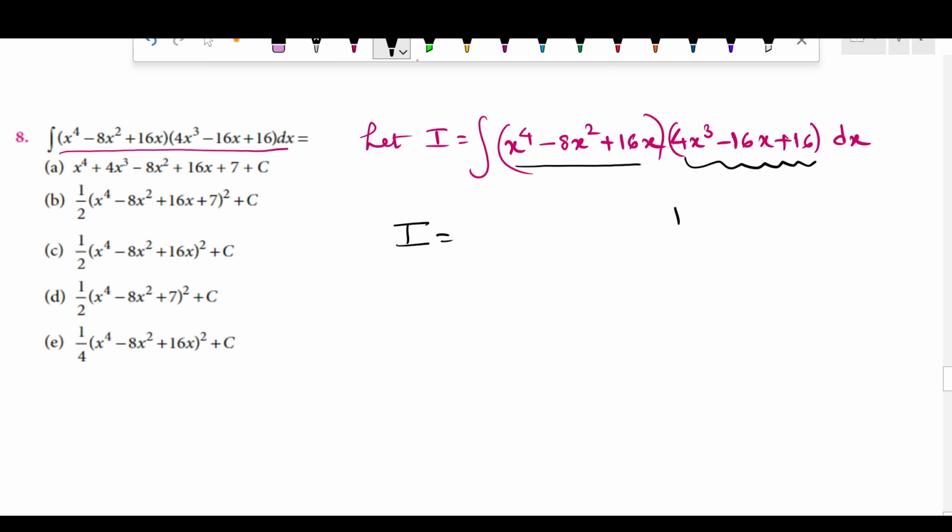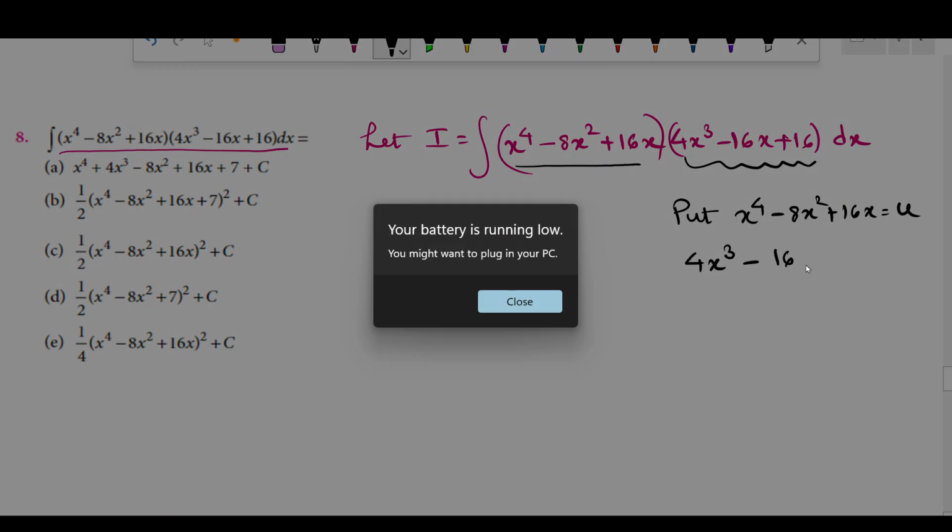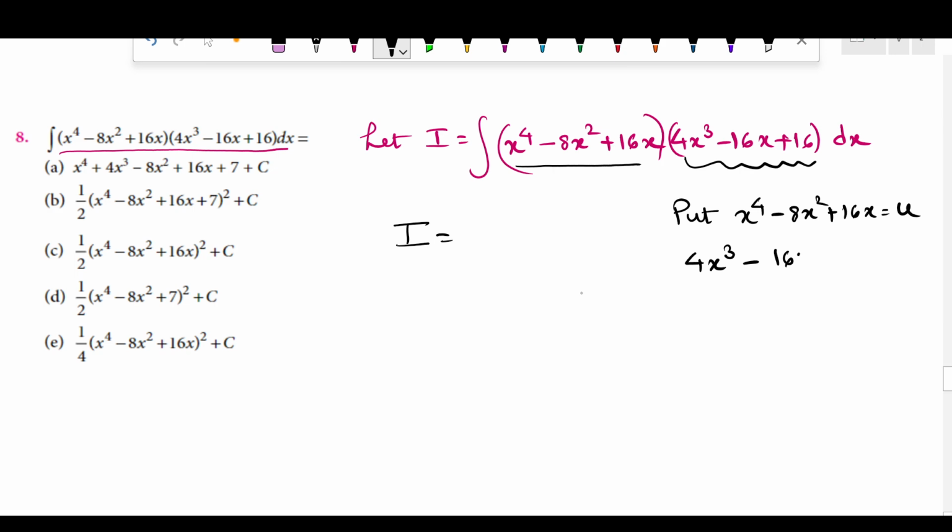So you need to put x to the power 4 minus 8x square plus 16x as your u. Then 4x cube minus 16x plus 16 dx equals du.